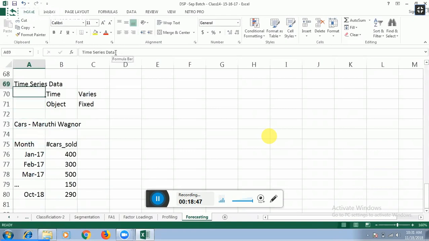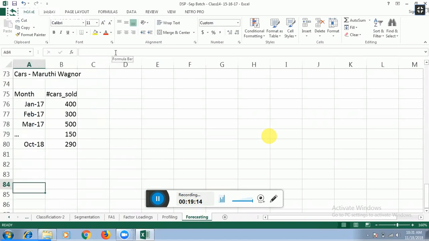That is time series data. Time varies, which means each observation is meant for a fixed time period, whether a month, a week, or a year. The object is fixed. This is what we call time series data.